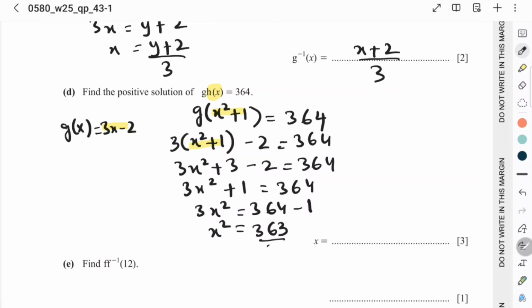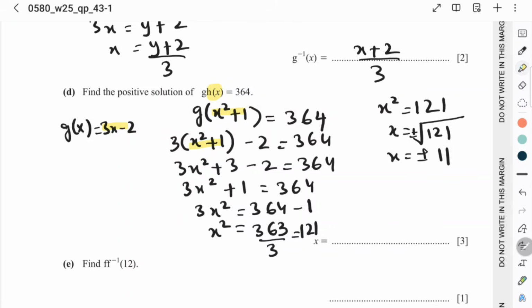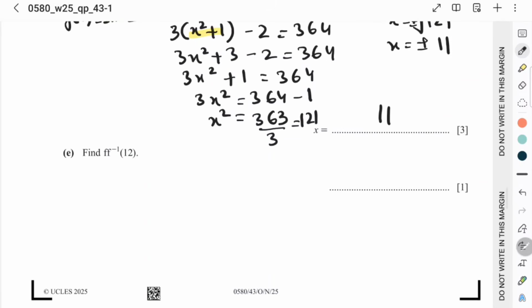Now we divide by 3, which gives 121. X square is equal to 121. X equals plus or minus the square root of 121, so x equals plus or minus 11. But they want you to find a positive solution, so only write 11. ff inverse is equal to 12, so the answer is 12.